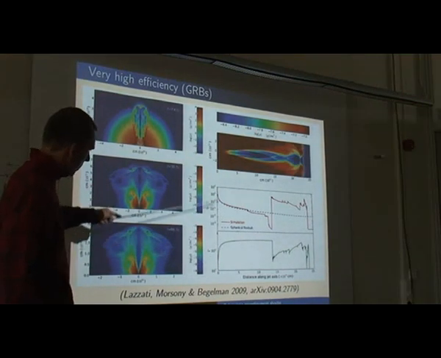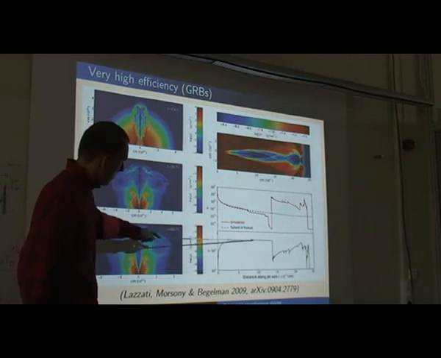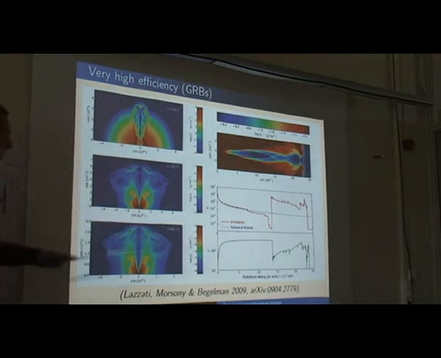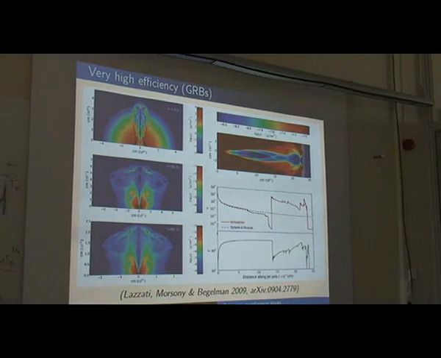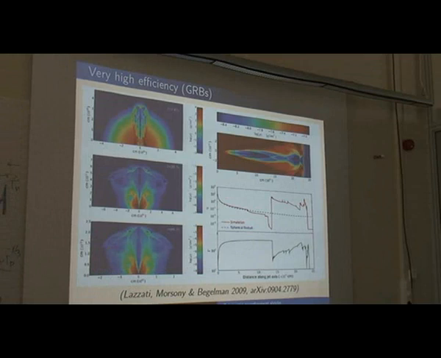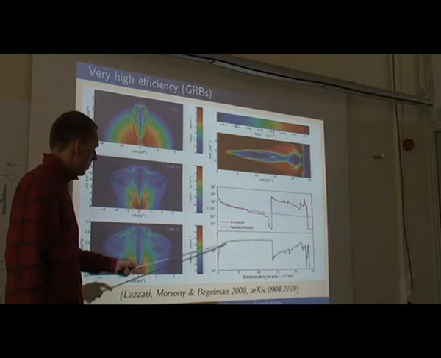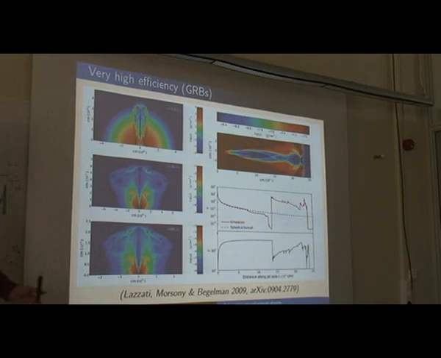According to these parameters, the value of the Lorentz factor achieved is 400, because it's basically a multiplication of these factors. So that's what the initial conditions are. But this is a very well known effect, this acceleration, from the Blandford-McKee paper on the fireballs.